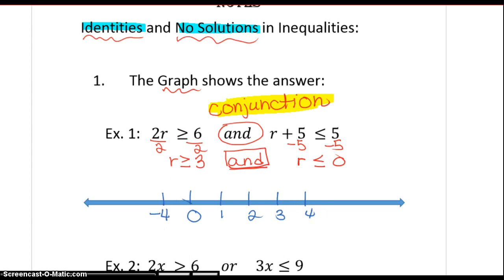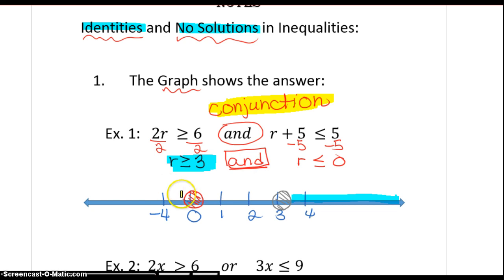So the first one, r is greater than or equal to 3. We'll go to 3, and it will be shaded in. And greater will be to the right. The next one, r is less than or equal to 0. We go to 0, shaded in.